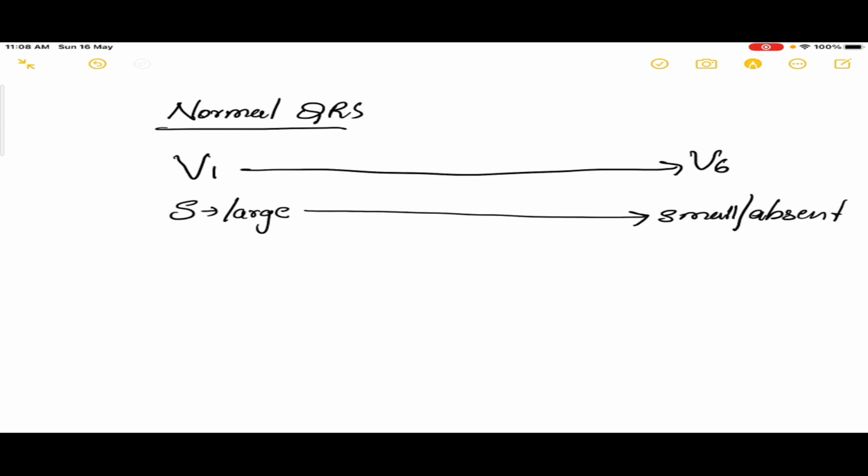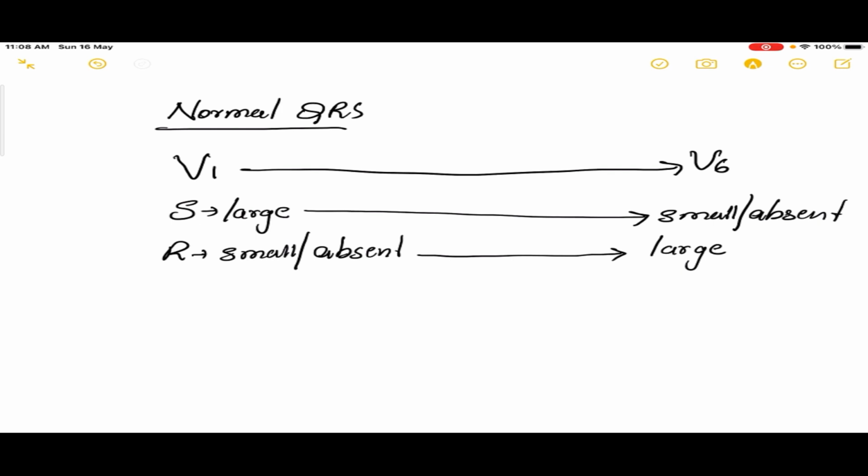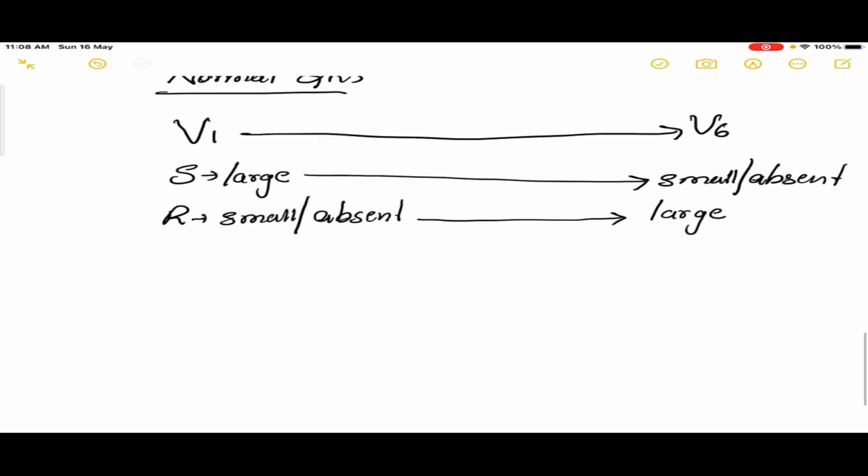In case of the R wave, it is small or absent in V1 and when it goes towards V6 it becomes large. This is the normal pattern of QRS complexes in chest leads V1 to V6. Now let's see how this varies in ventricular hypertrophy.